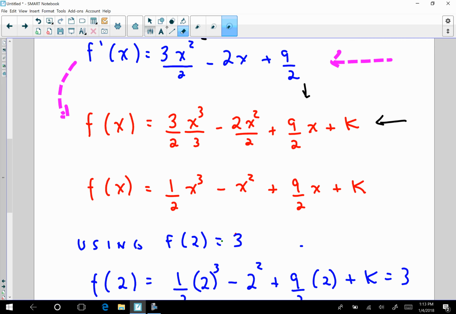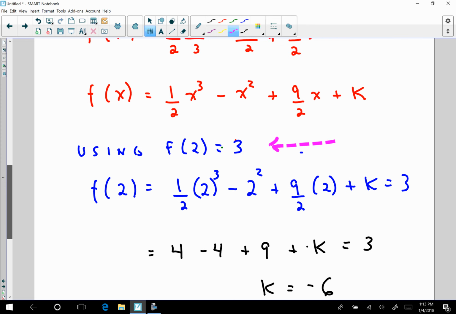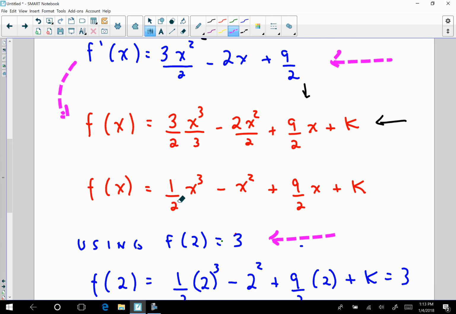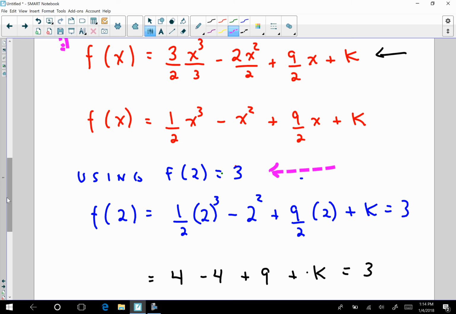So wherever I see x in f, I'm going to put a 2, and the output will be 3. So f of 2 will be 1 half 2 cubed minus 2 squared plus 9 halves times 2 plus k, and the output will be 3.